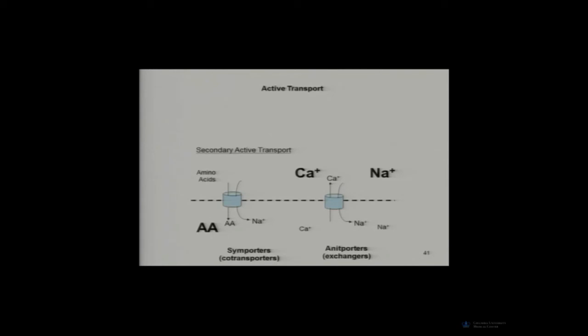So there's a lot of examples of these, and many of them use sodium because the sodium concentration gradient is significant and it's very well maintained. So sodium moves into the cell, and we can actively pump then amino acids into the cell, right, against its concentration gradient. Or we can move calcium out of the cell. Okay? But the nature of the structure of this protein is what's actually engineering the harnessing of that energy and the conversion of it into something that does work.